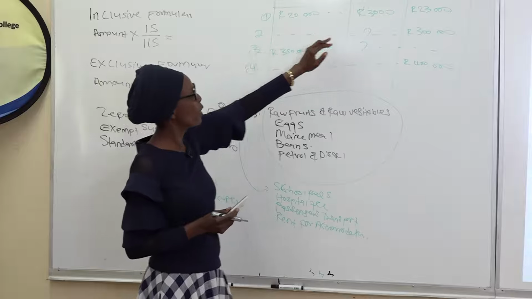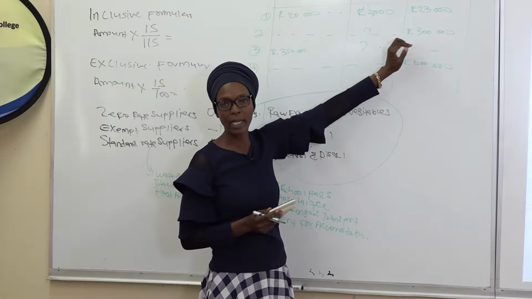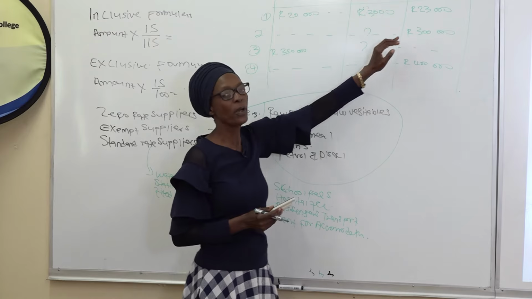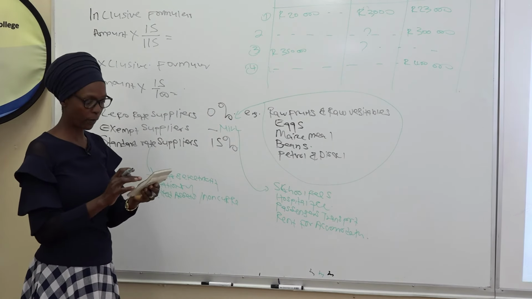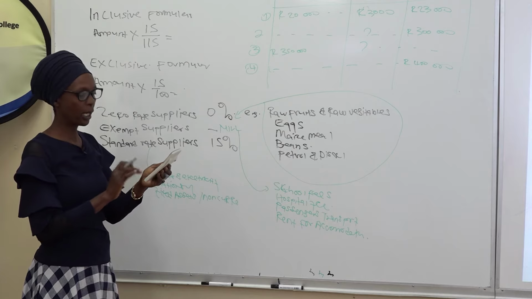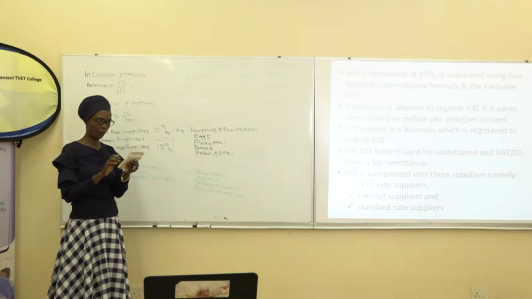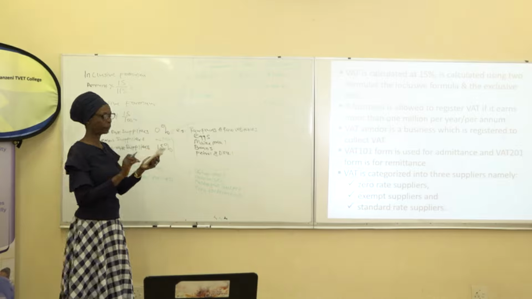Okay, secondly, we have been given an inclusive amount of 300,000. Then they said calculate the VAT. As it is an inclusive amount, we have to use the inclusive formula. Our amount is 300,000. Then we apply the inclusive formula of 15 divided by 115.